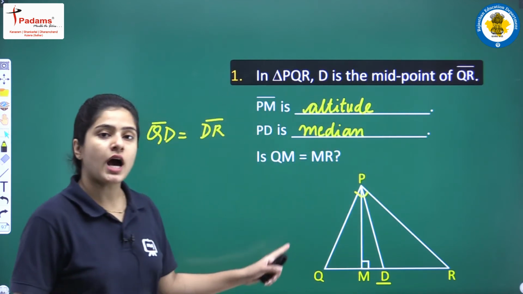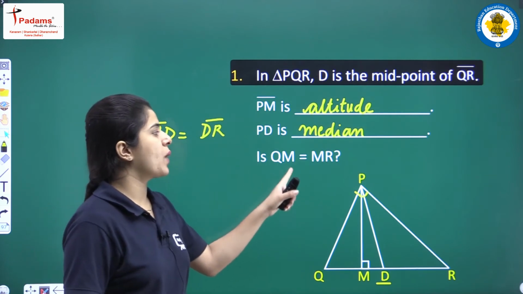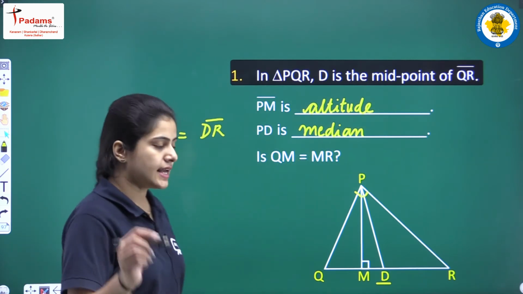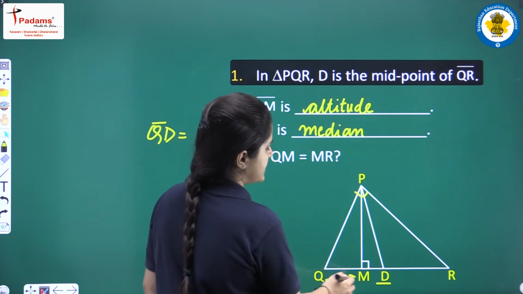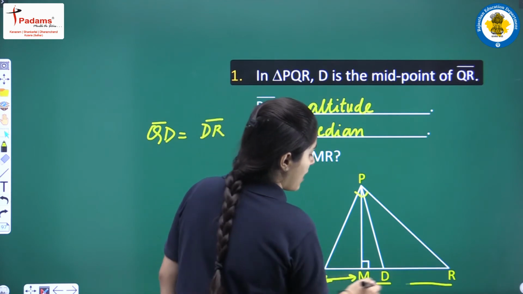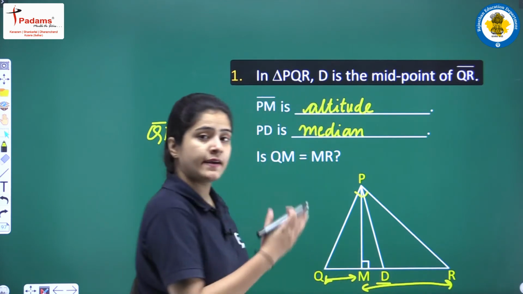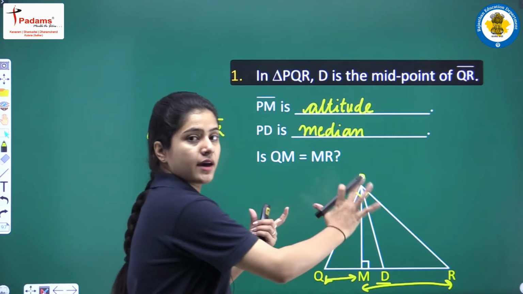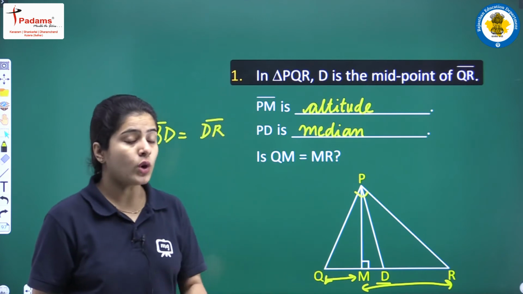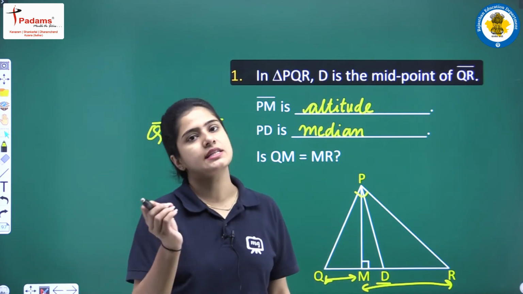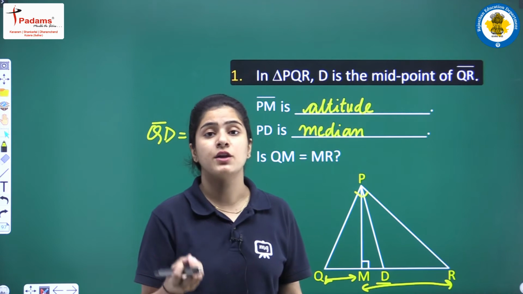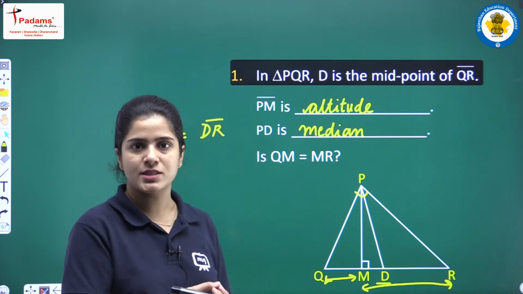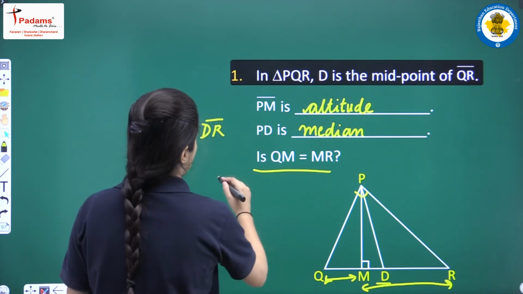Alright students, now you have to tell, is QM equal to MR? That is, is this side equal to this MR? Have a look students, it is very clear from the figure that QM is this much and MR is that much. But we know that D is the midpoint, so it clearly says that M will not be the midpoint of the side QR, so this is not possible.